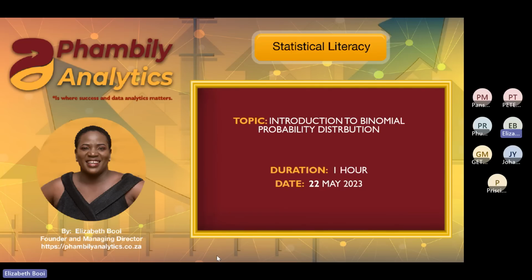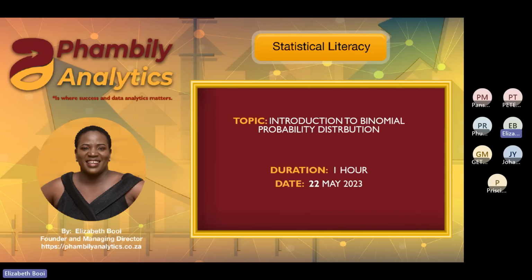So, like I said on Saturday, please remember to bring your statistical tables because we are going to use those. You can find the statistical tables either in your prescribed textbook, or they would have sent you a tutorial letter with the statistical tables. Otherwise, you can find them in past exam papers from before COVID.